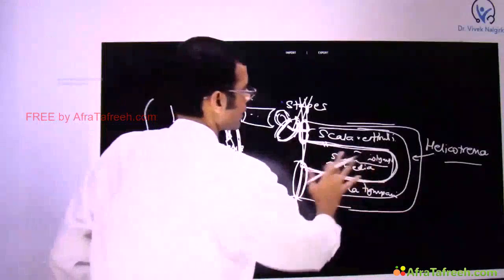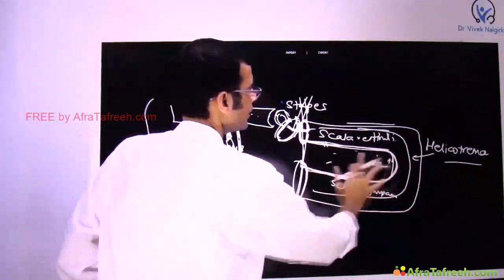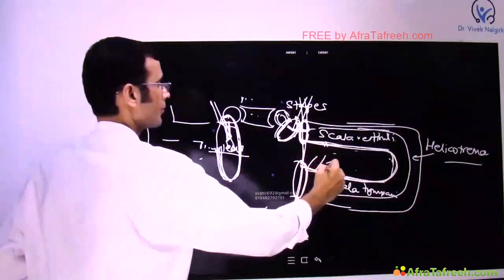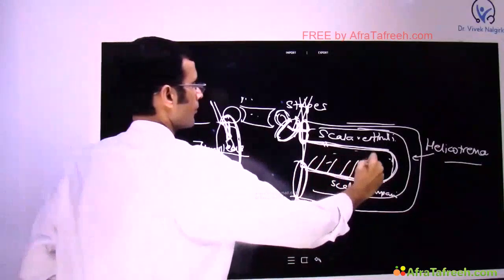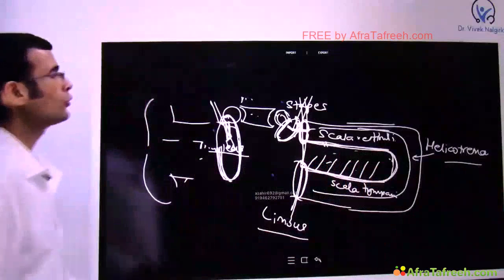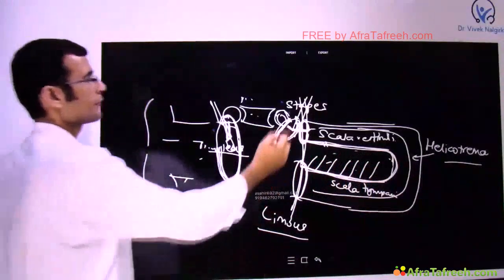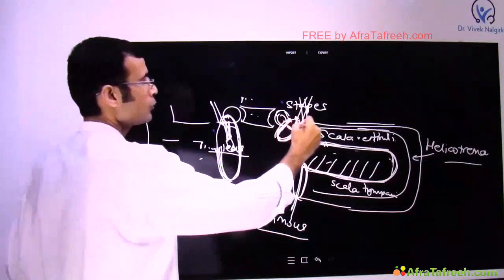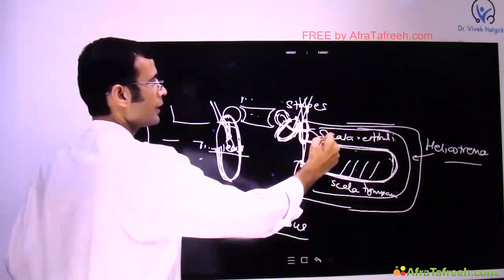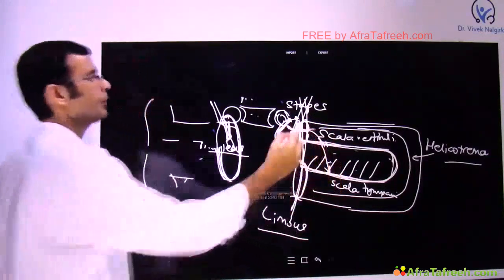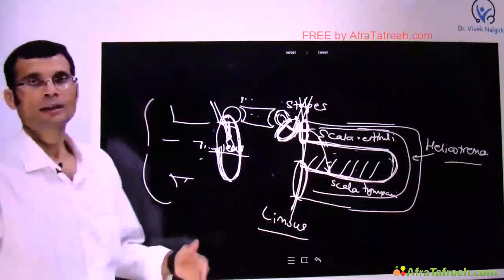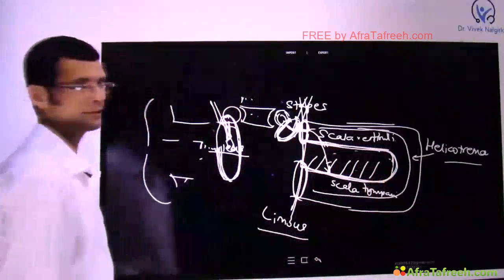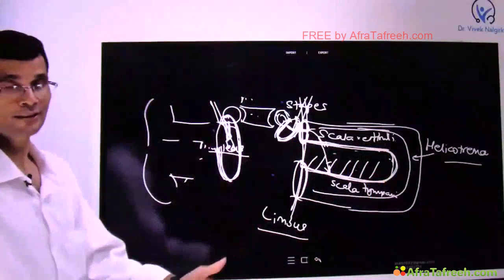Now, on the basilar membrane, there are basilar fibers. When the sound waves come through the middle ear and through the oval window, they will fall on the basilar membrane. Reissner's membrane is almost non-existent, as if it is non-existent.